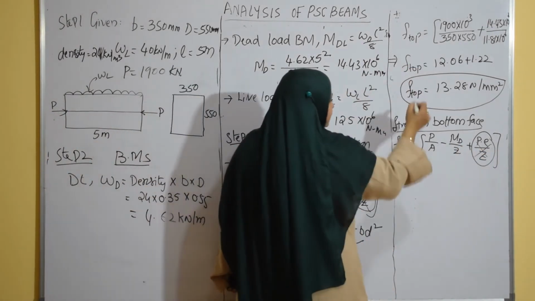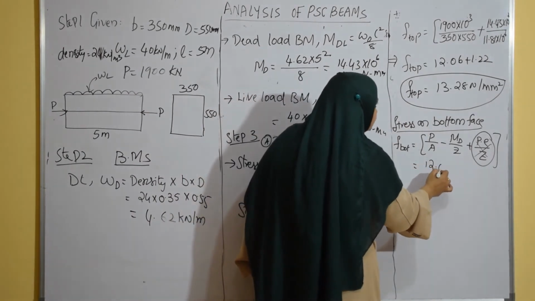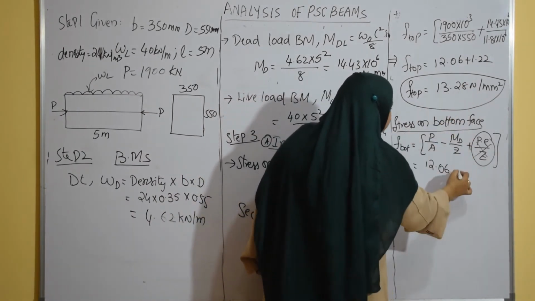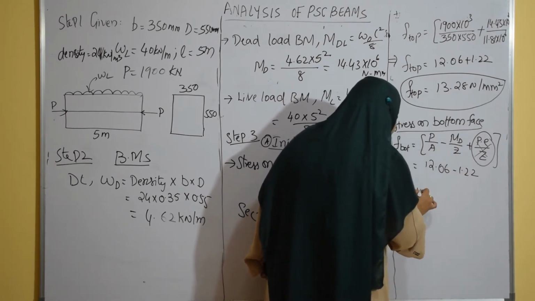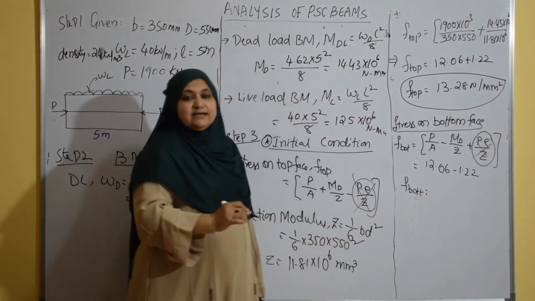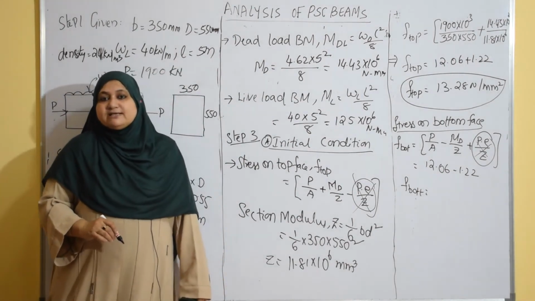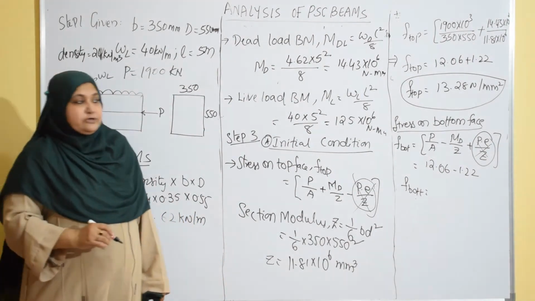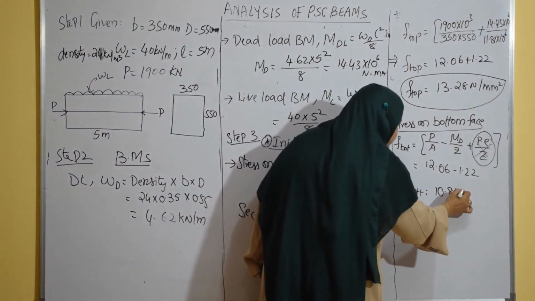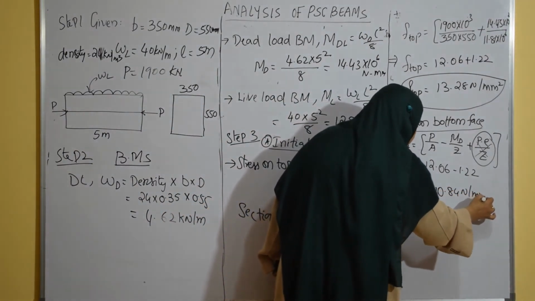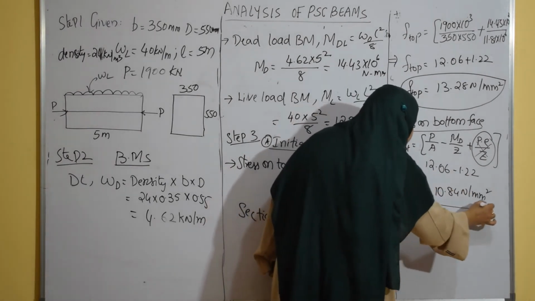So P by A, already we calculated it is 12.06, and MD by Z minus 1.22. So when the live load is not applied in the initial condition, the stress at bottom is equal to 10.84 Newton per mm square. So this is before the application of live load.